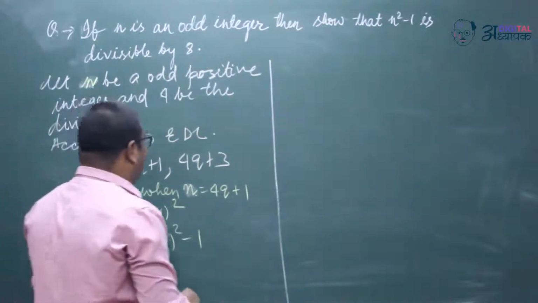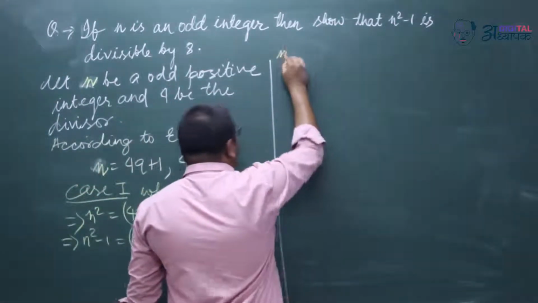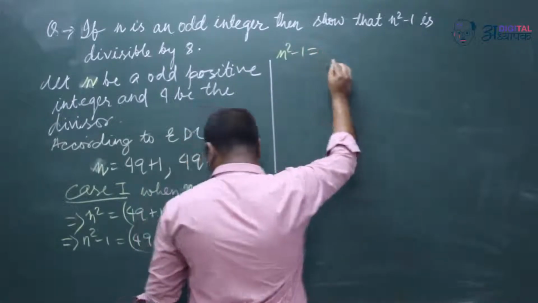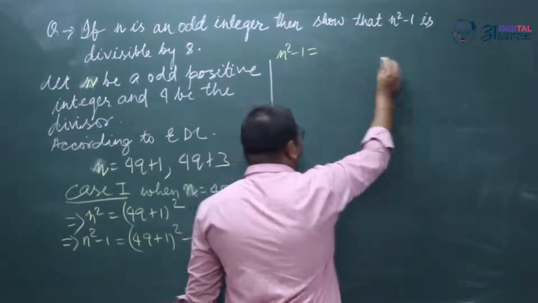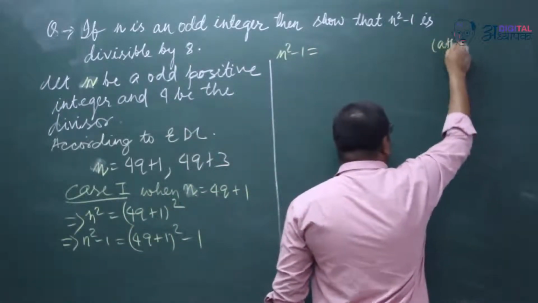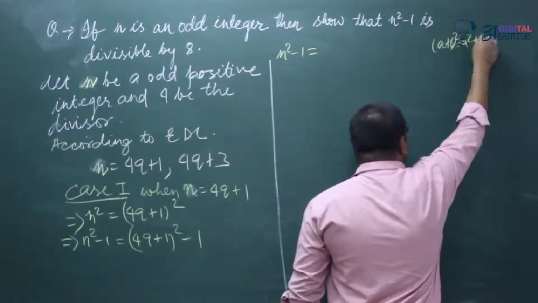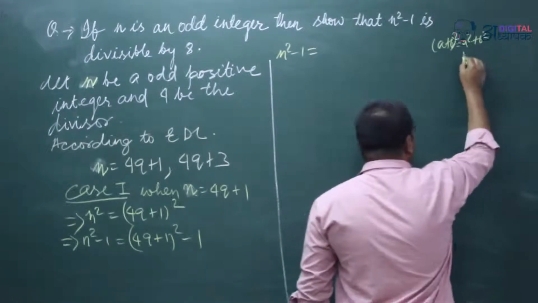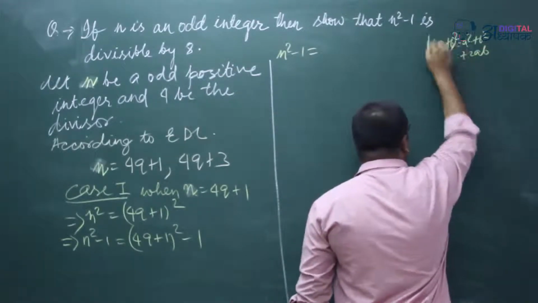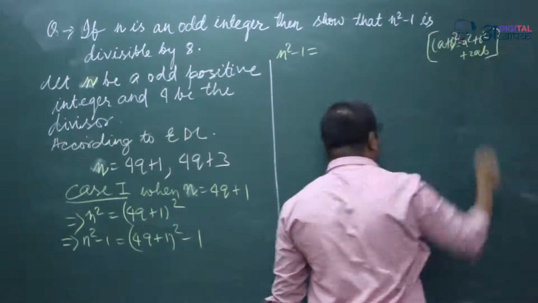Let us check what happens. n square minus 1 is equal to 4q plus 1 whole square. The formula is a plus b whole square is equal to a square plus b square plus 2ab. This is the formula that we are going to use here.